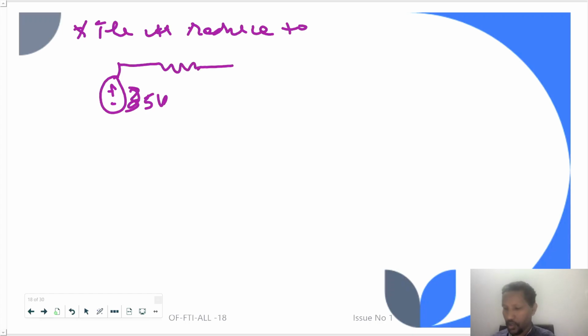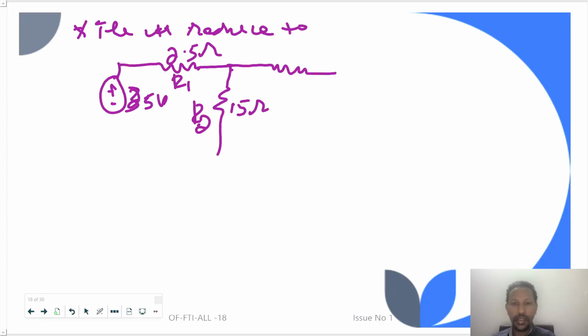This is R2, this one is R1, which is 2.5 ohm, and this one is 1.5 ohm. And this is R equivalent 2, and this is R equivalent 1.